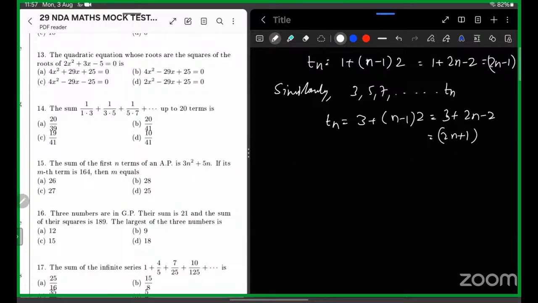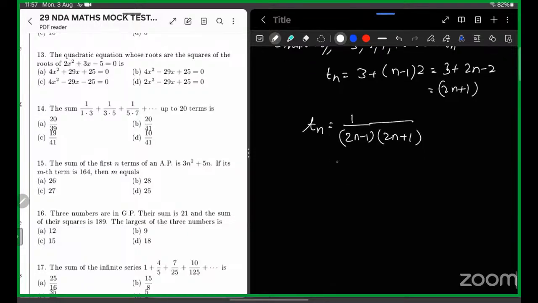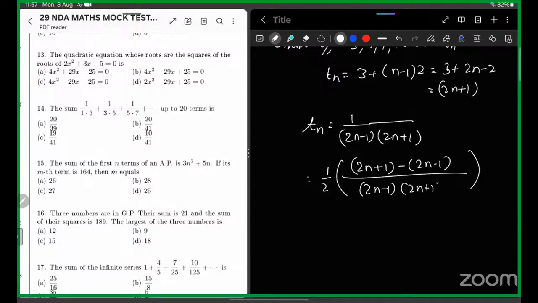Think about the summation. So here you got the Tn value as 1 by (2n minus 1)(2n plus 1) in this form, right? So just try to write it in this way: (2n plus 1 minus (2n minus 1)), also 1 upon 2 in bracket, over (2n minus 1)(2n plus 1).